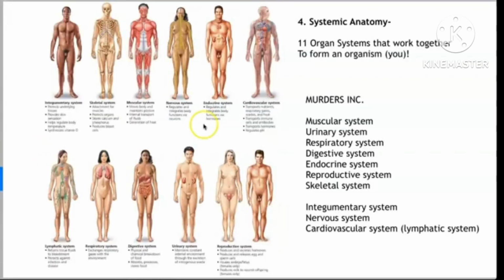We are going to be utilizing systemic anatomy, where you're going to look at your 11 organ systems. Remember, we talked about the 11 organ systems that come together to form you. So we have the integumentary system, which basically is your skin and associated structures of the skin.